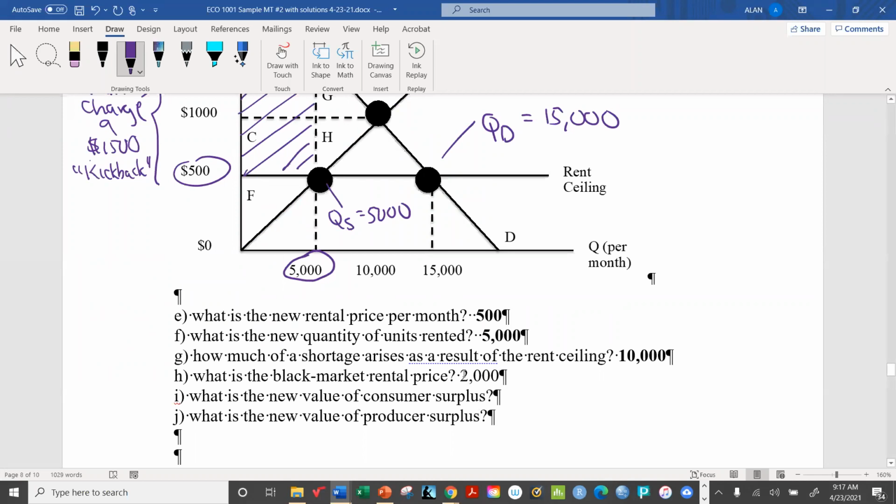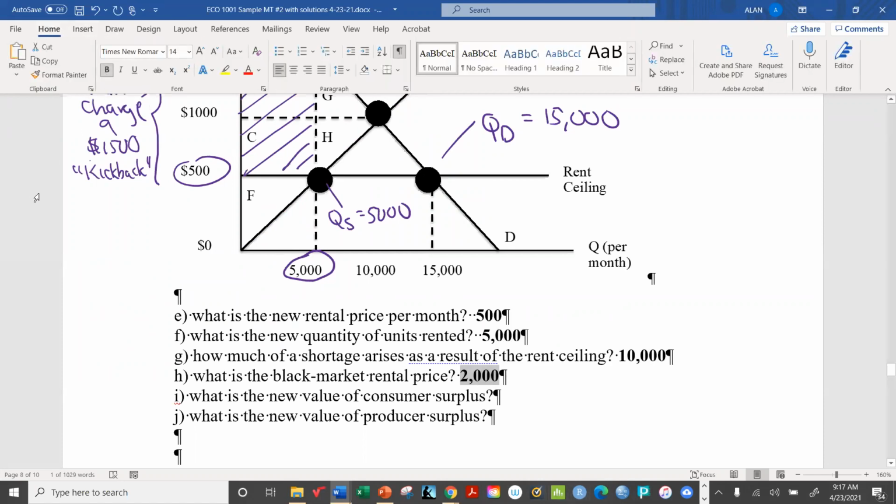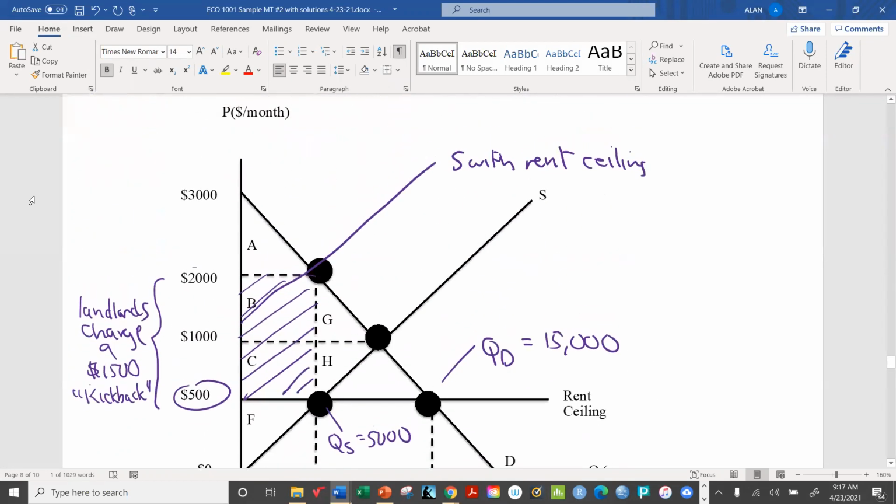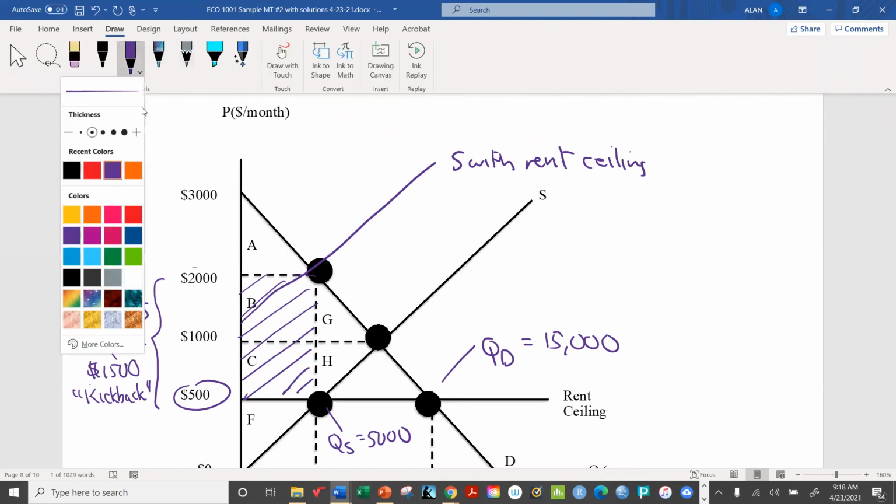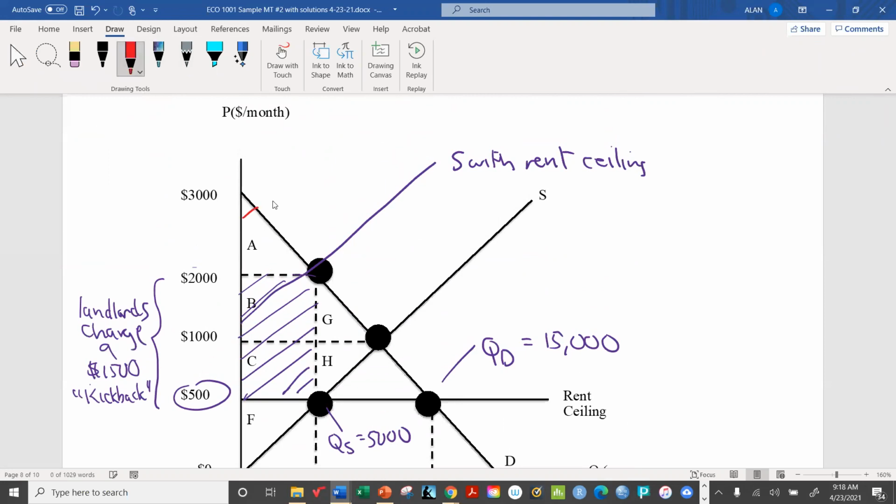Now, what that does is it adds a lot back to the producer surplus, but not enough to compensate for the extreme loss of consumer surplus. So the new consumer surplus is just this tiny little triangle. The base is only 500 and the height is only 1,000.